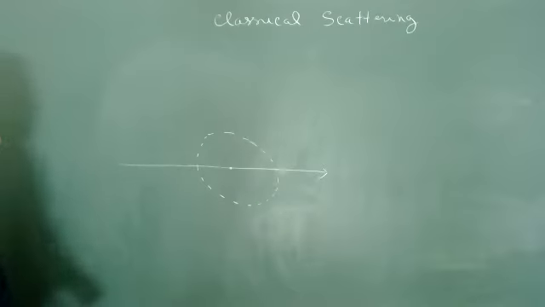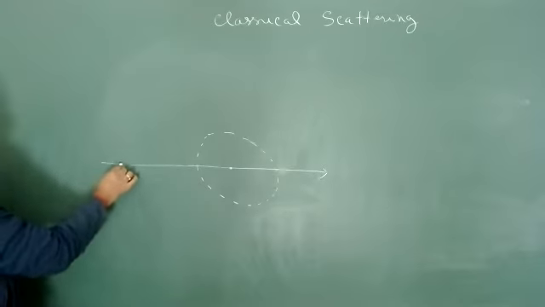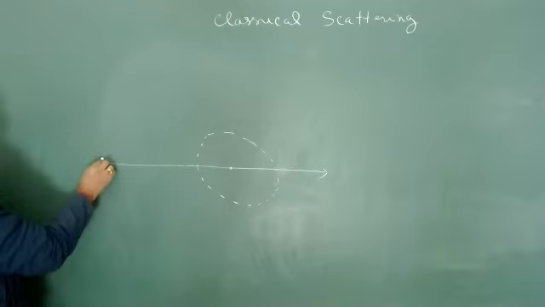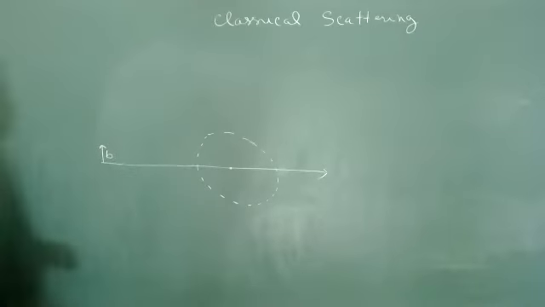So what is going to happen? Suppose from this distance we are sending the particle, from distance b, and this b is identified as the impact parameter. So what is the impact parameter?